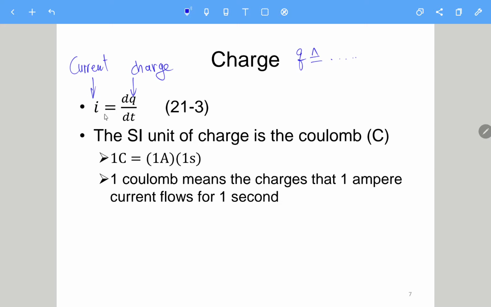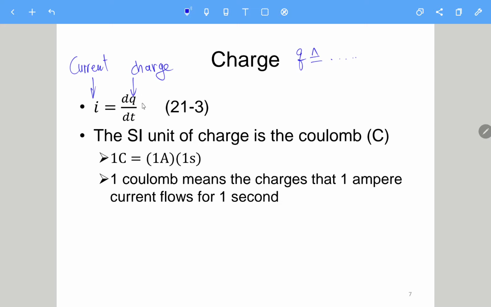In this class, the SI units, and of course in engineering, the SI units are really important. The SI unit for charge is the Coulomb. In this chapter, you mainly learn Coulomb's Law.